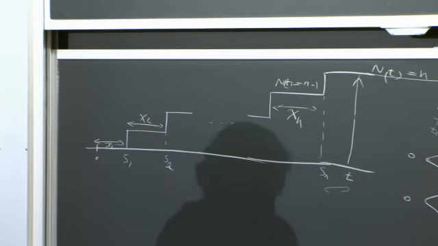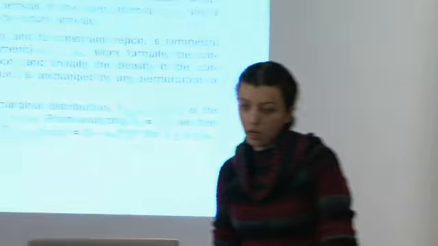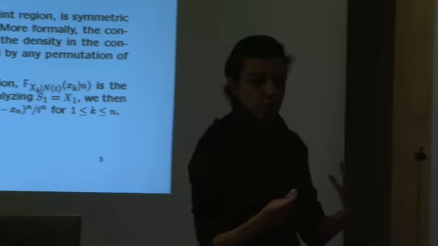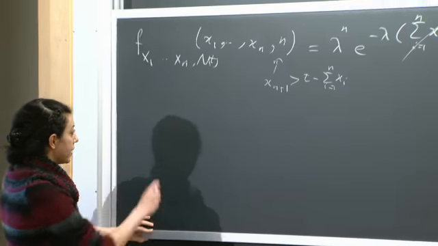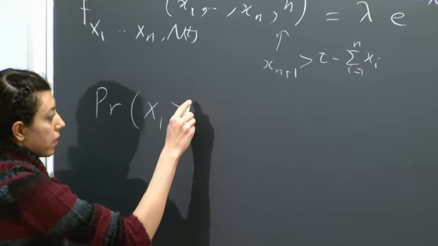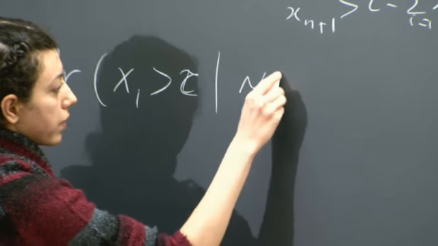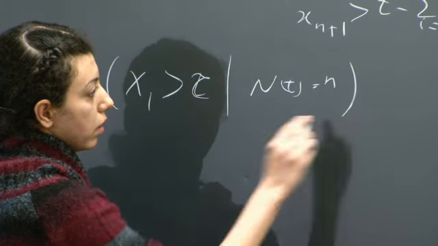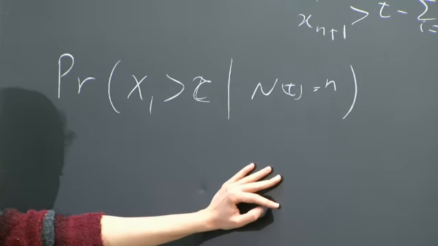So now I want to look at the distribution of x1 or S1. They're equal to each other. So I can easily calculate the probability of x1 bigger than some tau, conditioned on, for example, N(t) equal to n. So what is this conditional distribution?